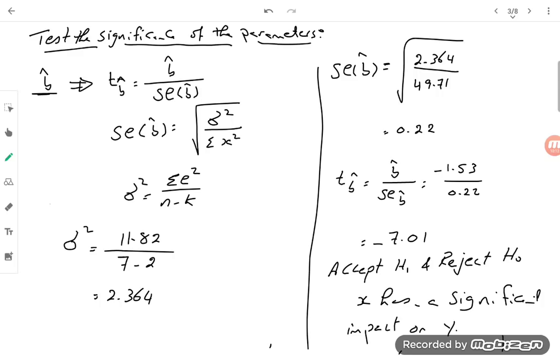Now we would like to do the same with respect to parameter a.